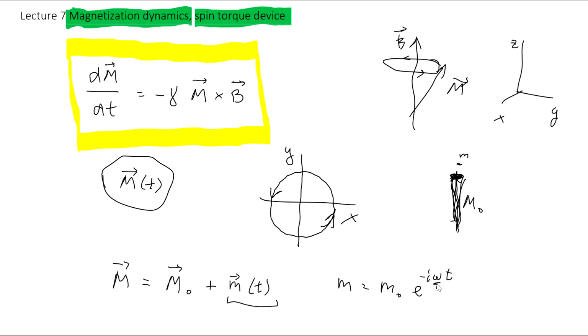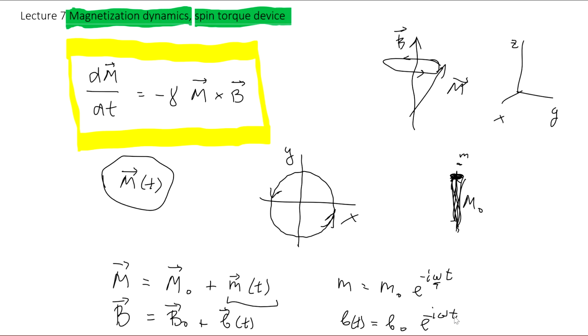We are looking at oscillations at a certain frequency, and in order to make it oscillate, our magnetic field B, we can say B, but I used H last time probably, is B naught plus small b as a function of time. You can convert it to h by dividing by mu naught, and that small b as a function of time was also b naught e^{i omega t}.